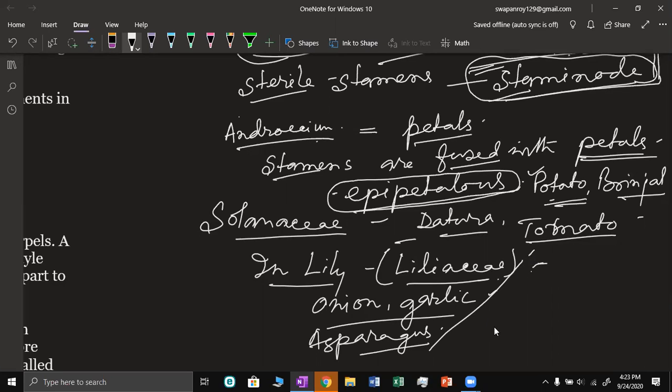So here it is the perianth. So a stamen attached to the perianth is called epiphyllous.